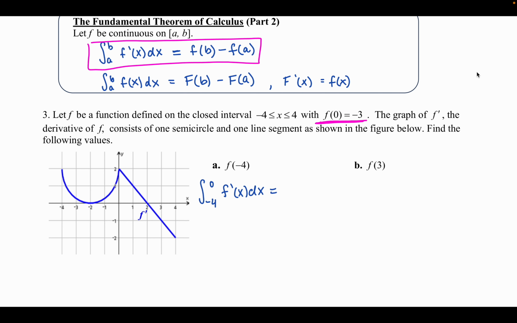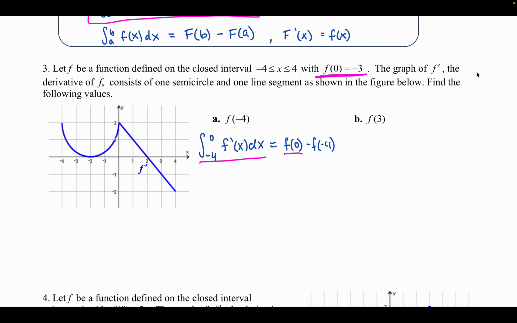And the fundamental theorem of calculus that we just went over says that this integral is equal to f of 0 minus f of -4. Using geometry, we can figure out what this left-hand side is, and we've been given what f of 0 is. So then we can use this equation to solve for f of -4.